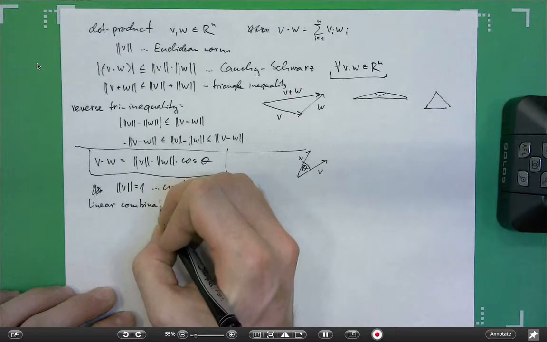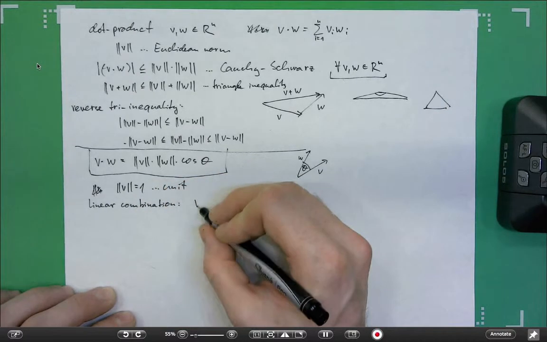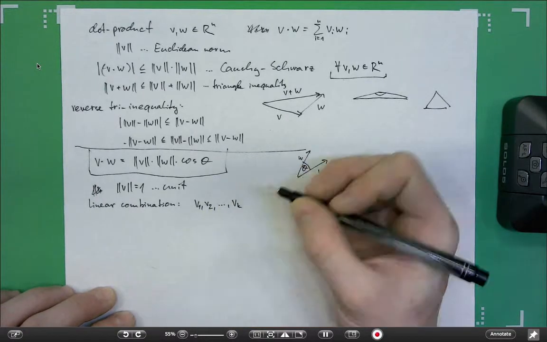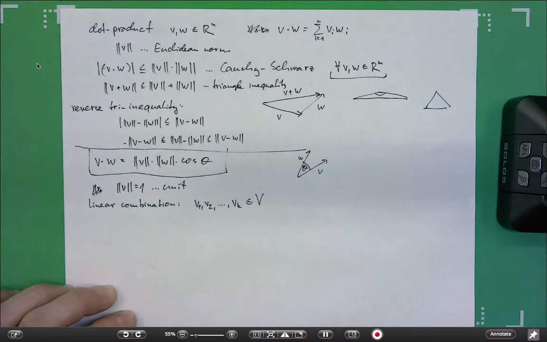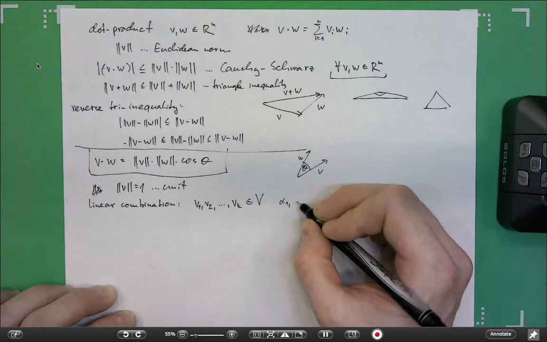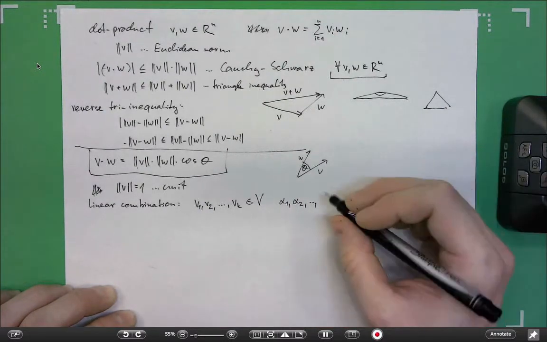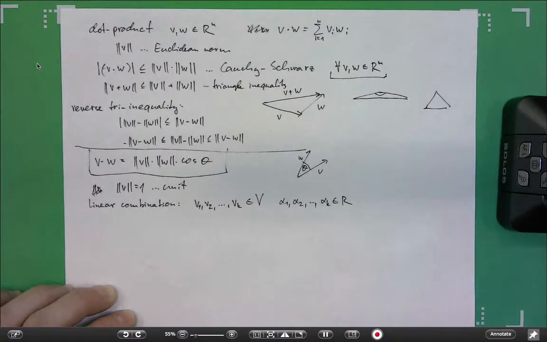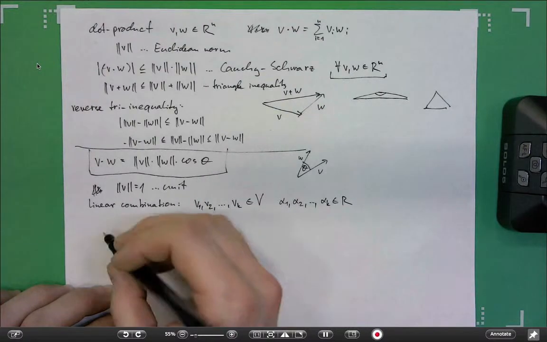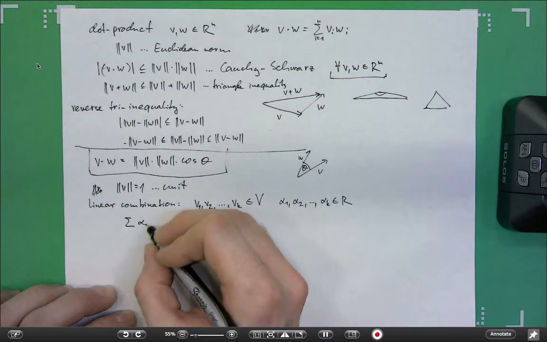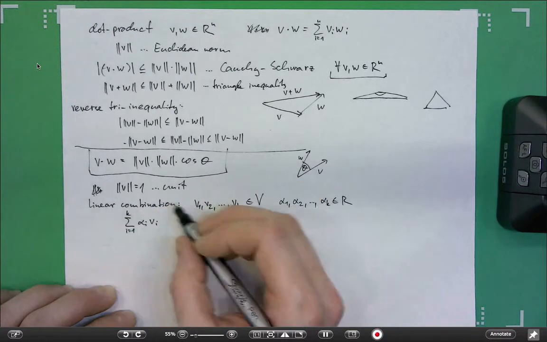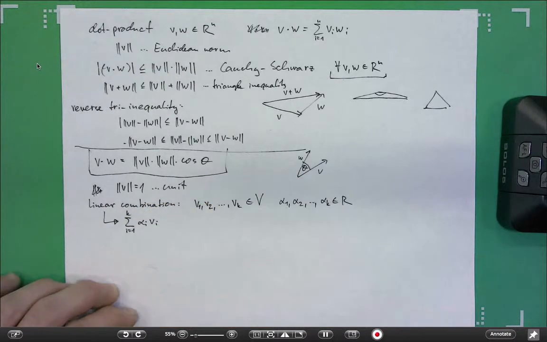If I take k vectors from some vector space V, could be R^n or whatever, and I take k scalars, which are just real numbers that can be anything, negative, positive, whatever, then the sum of alpha_i times v_i from 1 to k is called a linear combination of these vectors.